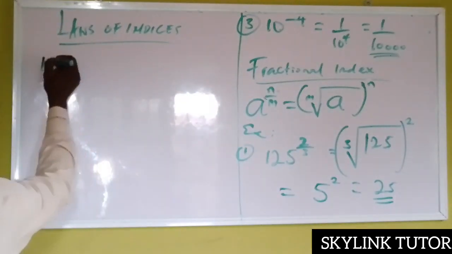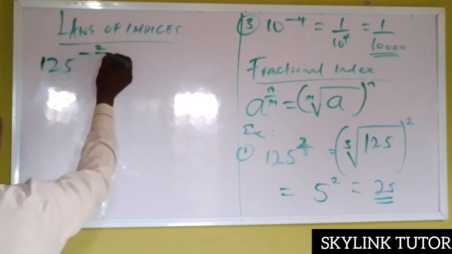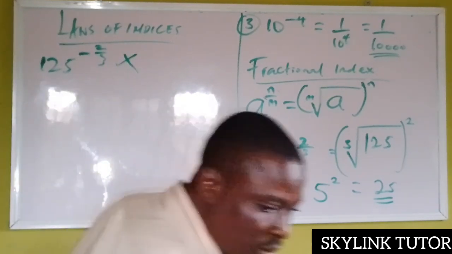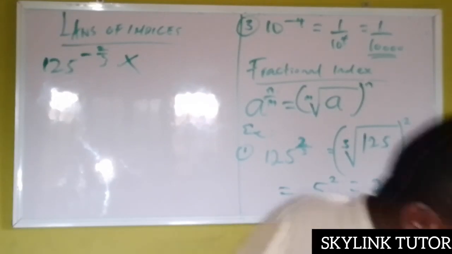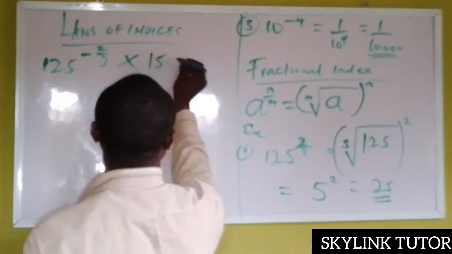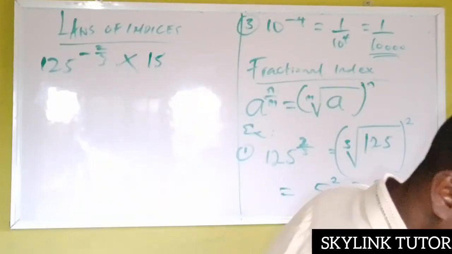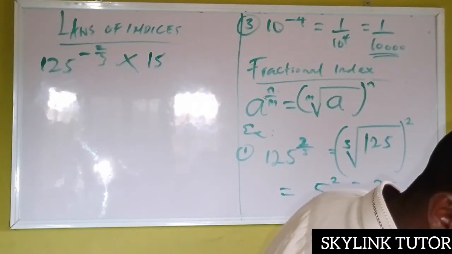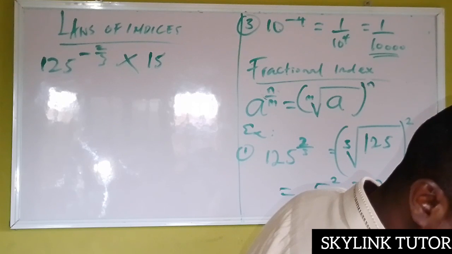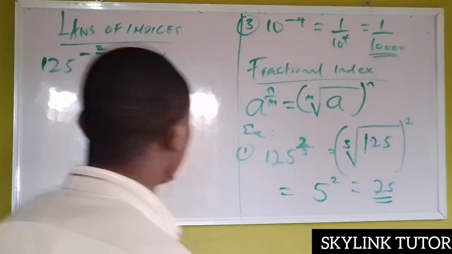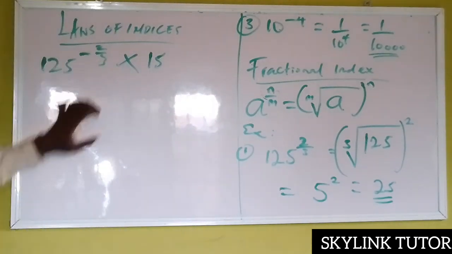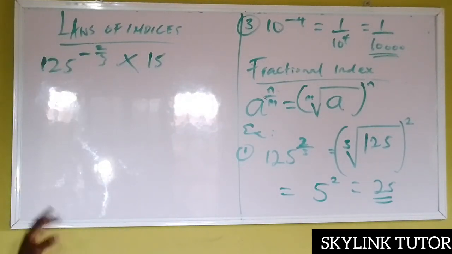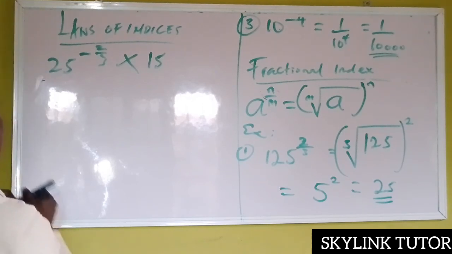Look at this now. 125 raised to power minus 2 over 3 times 15. This is the question that we want to solve. How do we go about this?